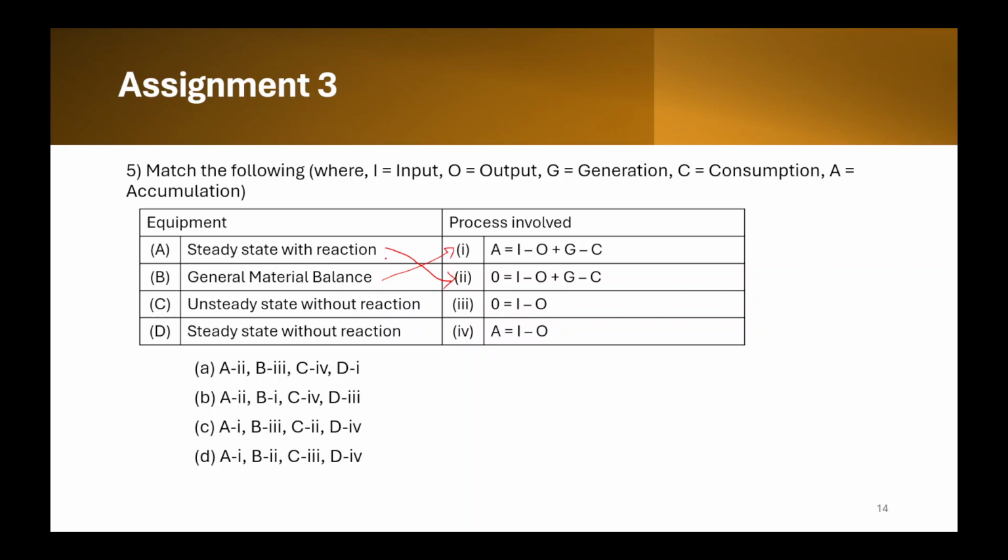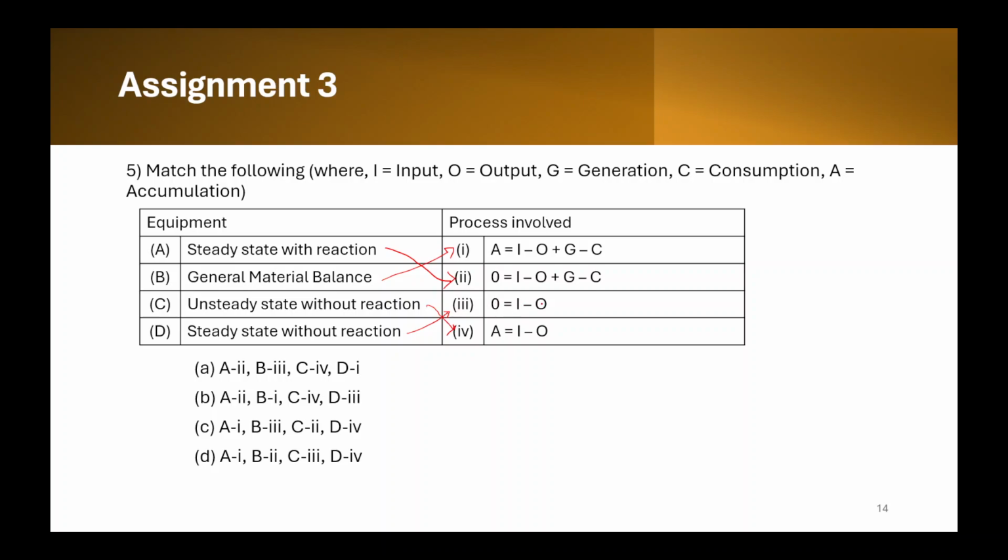Next, unsteady state without reaction. What will be the correct answer here? Something is getting accumulated because it is unsteady state. So the correct answer here will be the fourth. And then lastly, steady state without reaction: the accumulation term is not there, and reaction is also not there, so the G and C terms will also be not there.